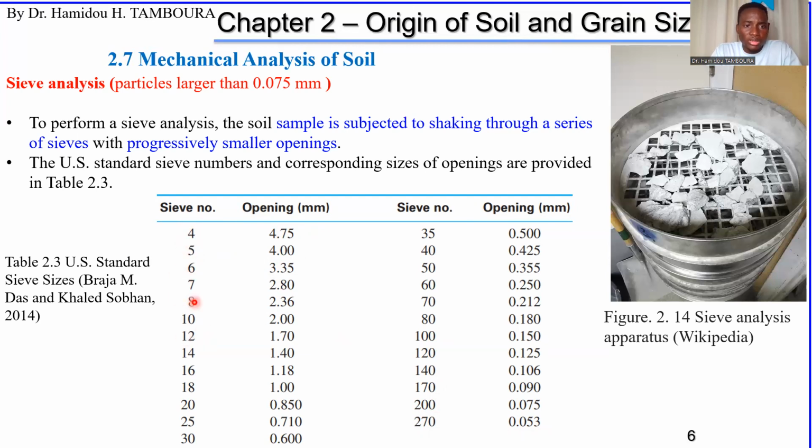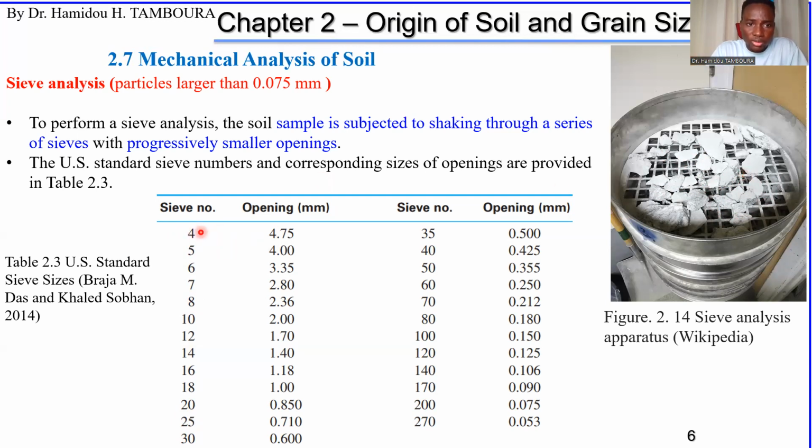If you're wondering how the numbers of the sieves are given, it's simple, because some people will ask why start with 4? Why not start with number 1, 2, 3, 4? Actually, these numbers are given according to the number of openings in 1 square inch. So if you measure in 1 square inch, how many openings do you have?